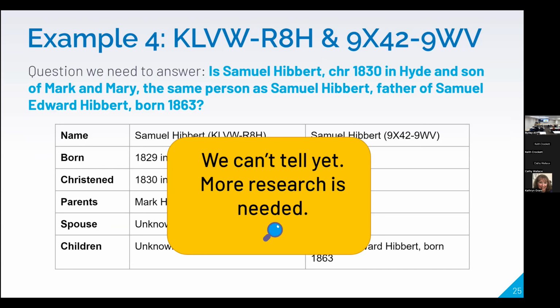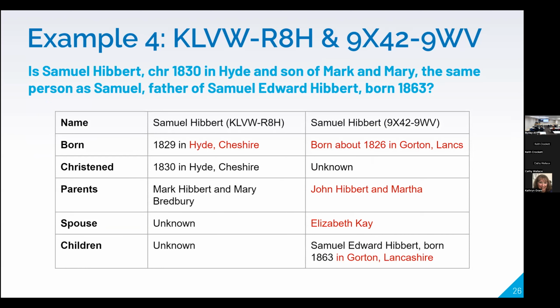I think a lot of times we don't stop to think how often names get reused in families and in countries. So the fact that these guys are both named Samuel Hibbert is absolutely no guarantee that they are the same person. So the purpose of this class is not to dive into the specifics of research methodologies.